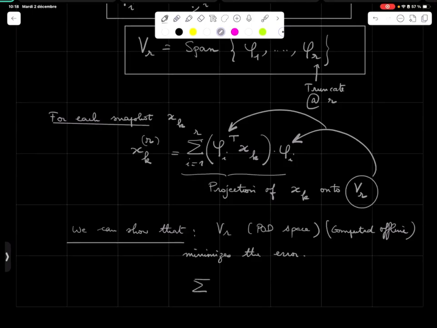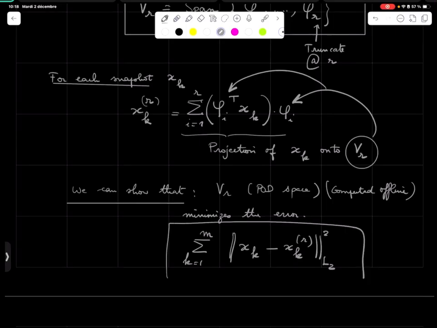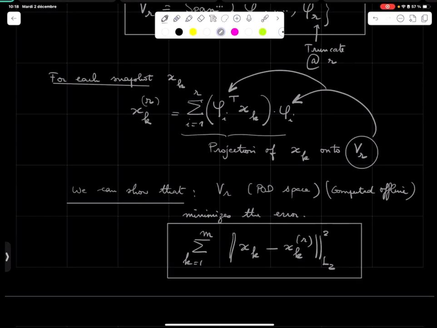Well, it minimizes the error sum from k equals 1 to m of the norm of x_k minus x_k^r squared, and this is the L2 norm, the Euclidean norm, so the sum of the squares. So that is what you minimize. So what does that mean? Well, it means that V_r is minimizing the difference between the snapshot x_k and its projection on the basis.